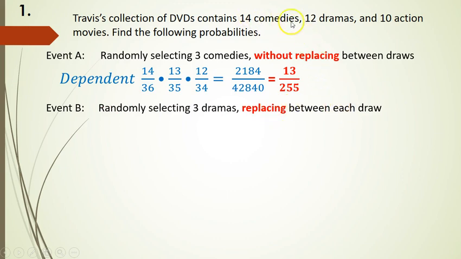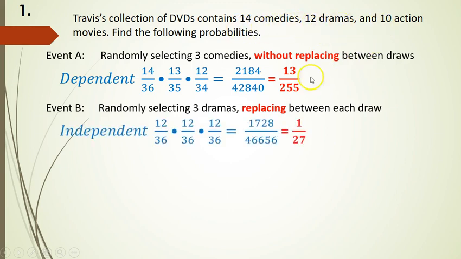We're going to put 12 over 36, and we put back the one drama that we drew, so we didn't affect the total. So it's 12 over 36 times 12 over 36 times 12 over 36, and that equals 1728 over 46,656, which reduces to 1 over 27.